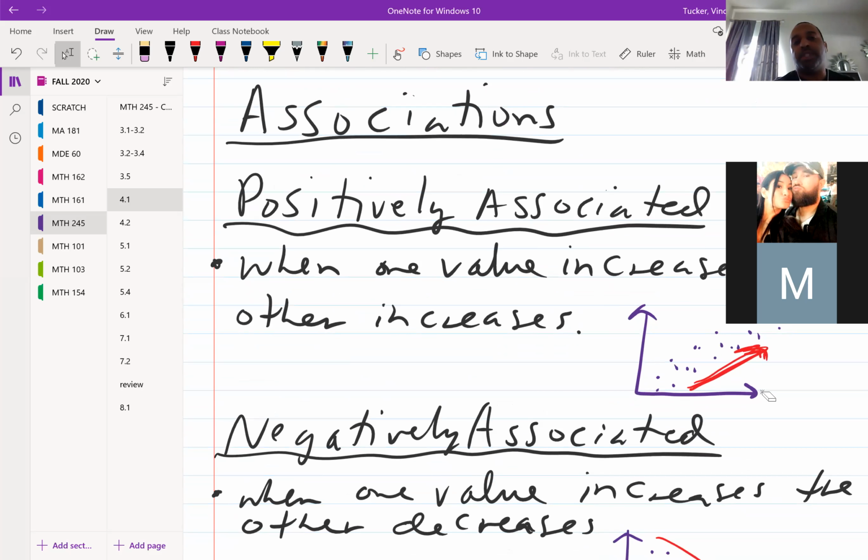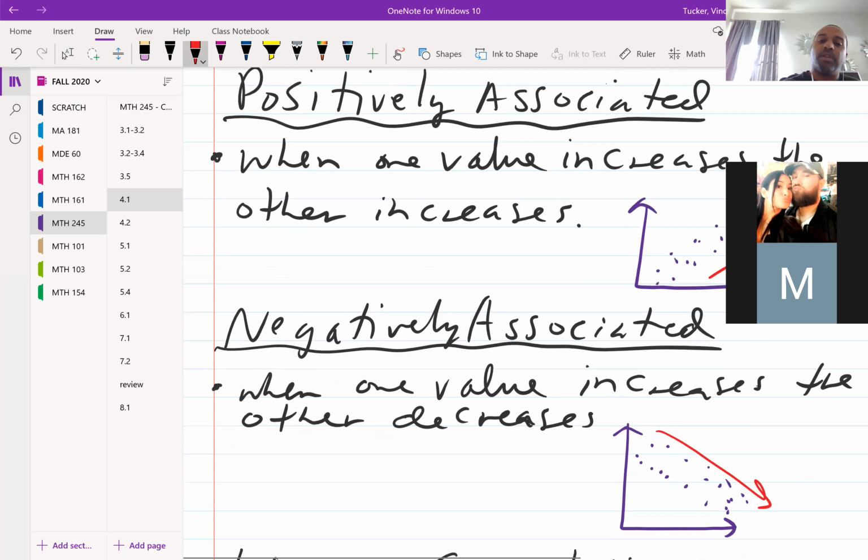So positive associations, or positively associated: when one value increases, the other one increases. In other words, when you look at your points and follow your pattern from left to right, if it's going up, that's considered a positive association. And if your points go down from left to right, that's considered negatively associated.